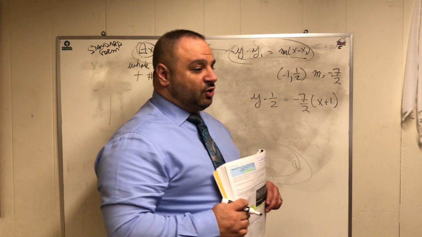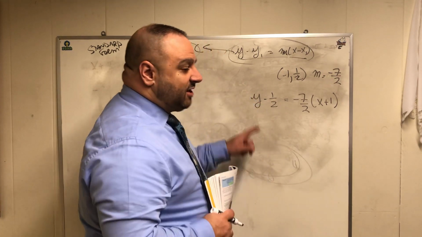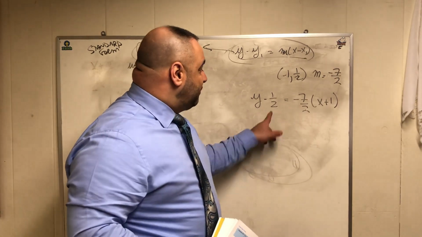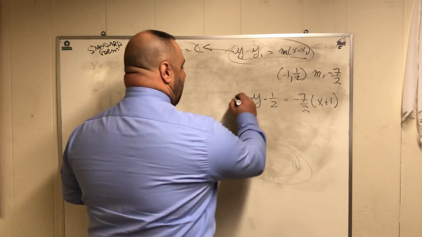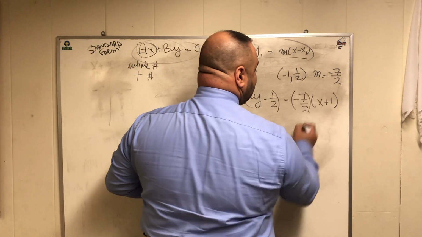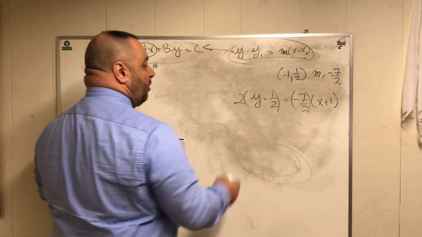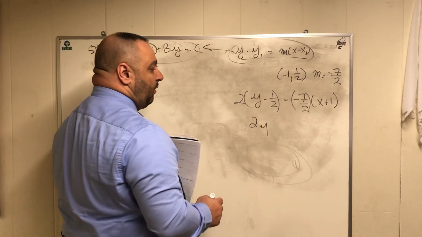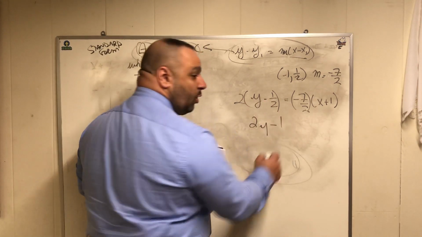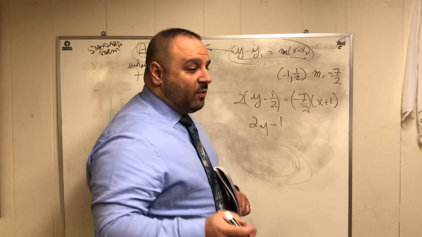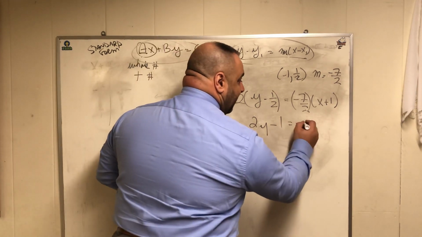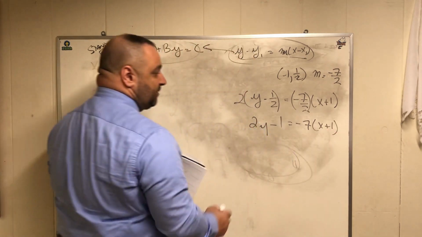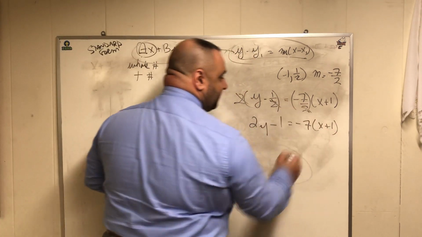So now let's quickly do this here. Let's get rid of our fractions. We're going to multiply by our common denominator. We have 2 in our denominator, so we're going to multiply everything by 2. Okay? So we have 2y, and then 2 times 1/2 there would be -1. And then we have -7 times x plus 1, because these 2's, remember, cancel out there.